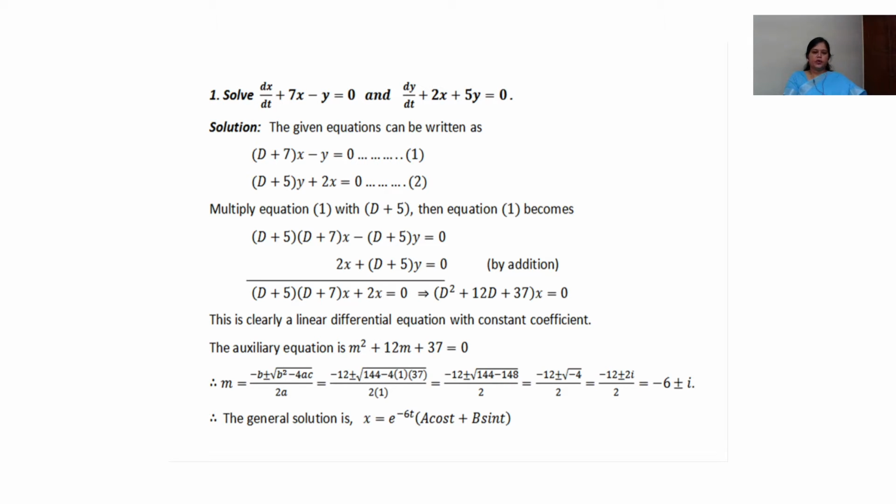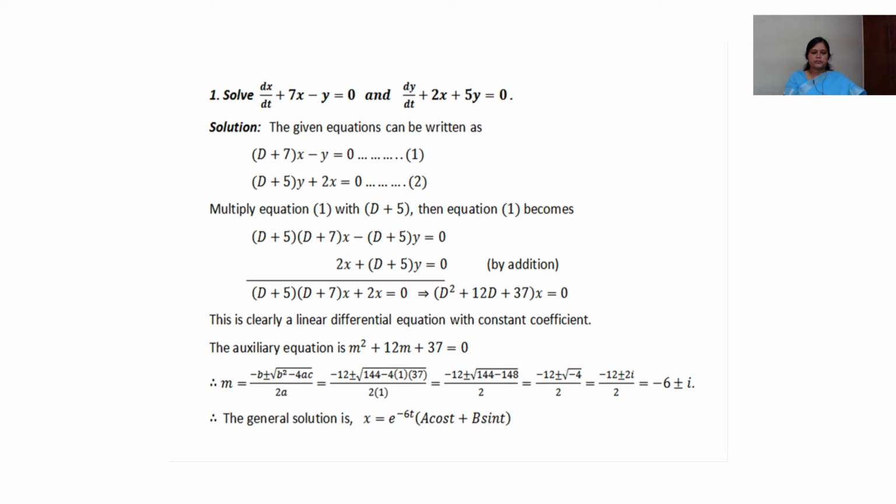If we add, we will get only the x term. That is (D plus 5)(D plus 7) x plus 2x is equal to 0. The y term will vanish here. Now if we simplify (D plus 5)(D plus 7), we get (D square plus 12D plus 37) x is equal to 0.